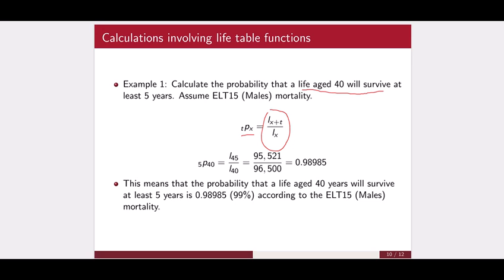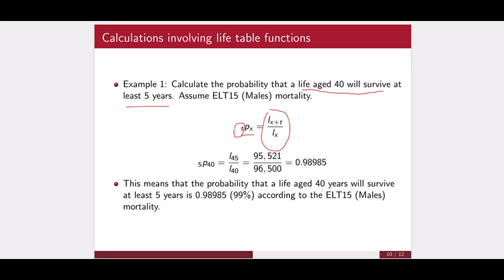Now, since this life is aged 40, then where there's the x, we replace it with the 40. The t is the duration of survival, and we've been given in the question that it's a survival period of 5 years.